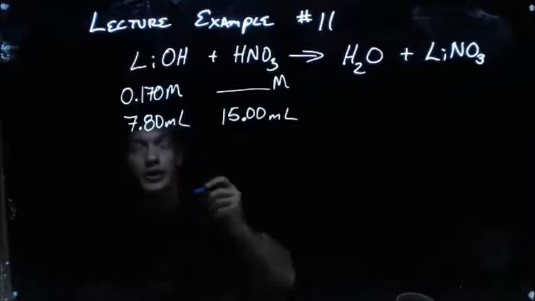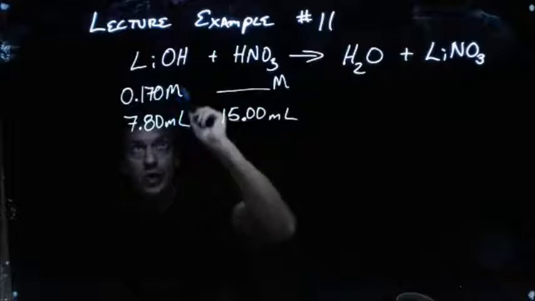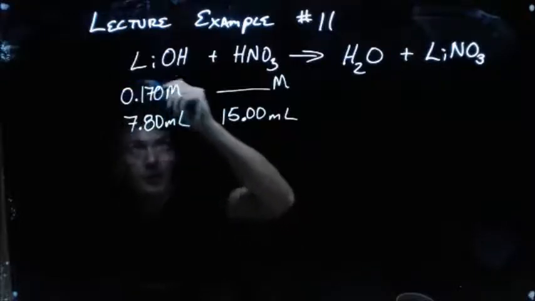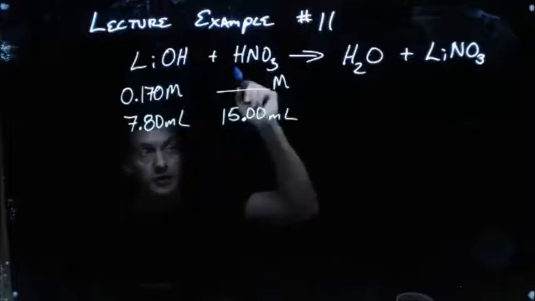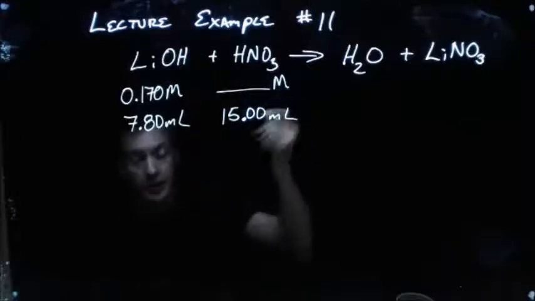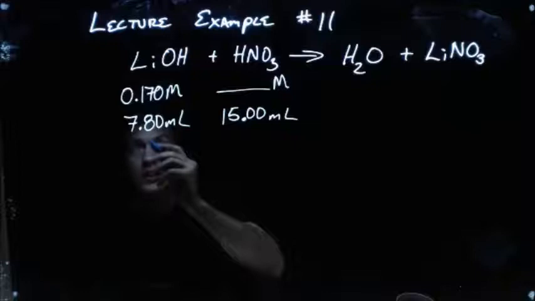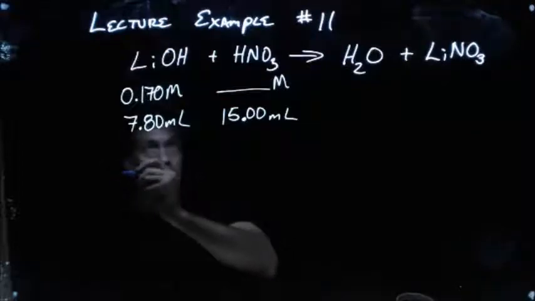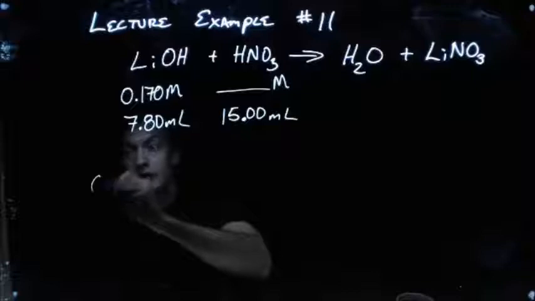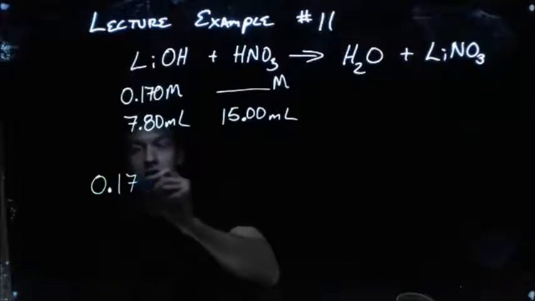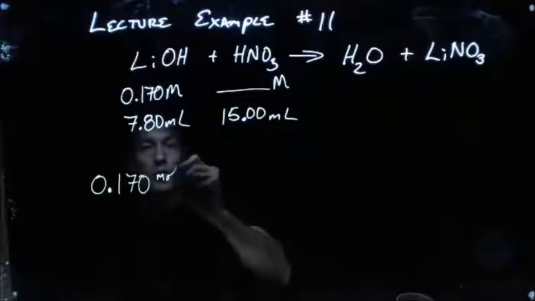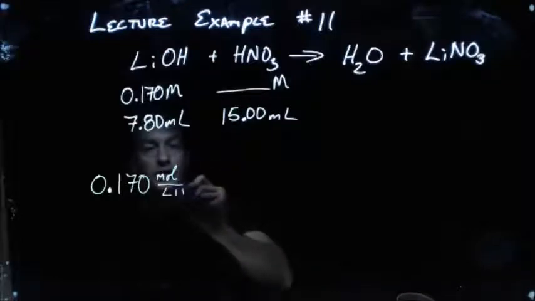So we are going to need to figure out how many moles of the base there were. Then from moles of base, we can figure out moles of acid. From moles of acid, we can determine the concentration. So to figure out the moles of base, it's going to be 0.170 molar. And remember that molar means moles per liter.